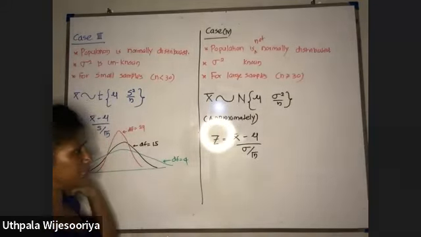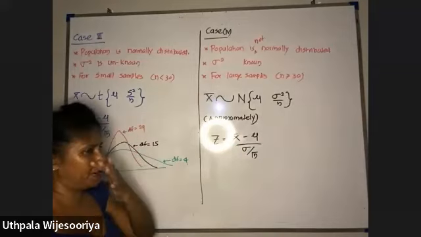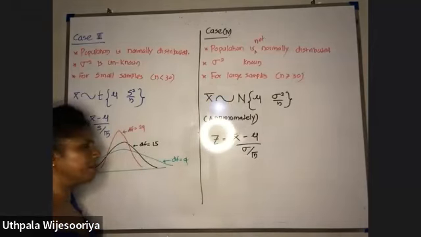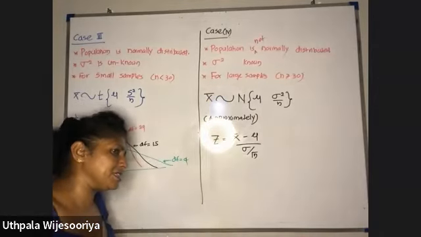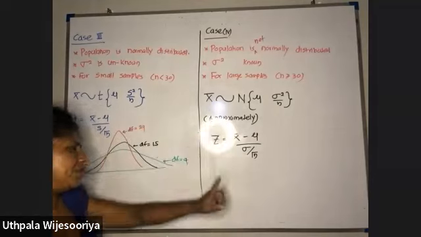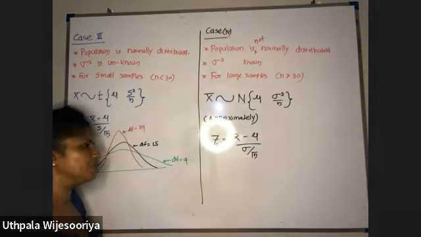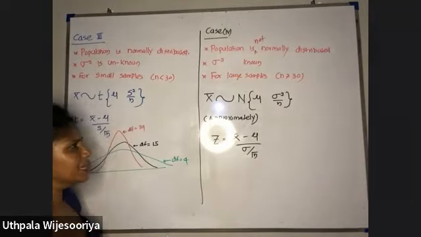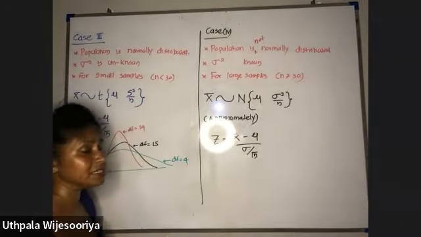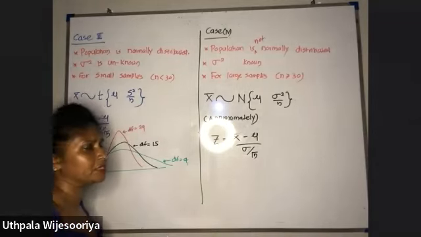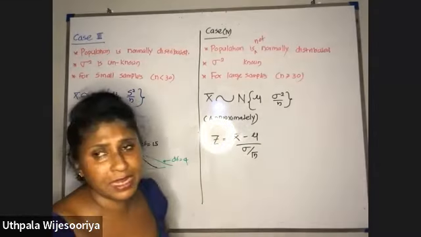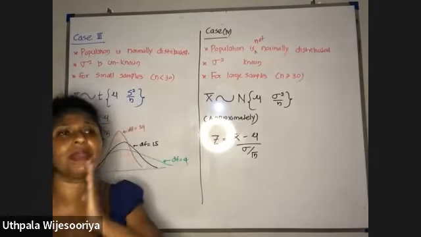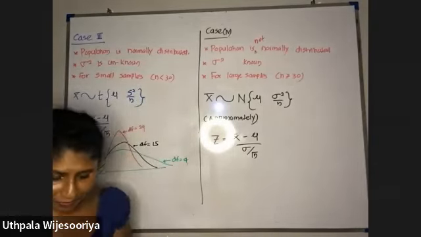Case 1 is valid for any size of sample, but case 4 is only for large samples, according to the central limit theorem, which says we must take large samples. The set of formulas is the same.